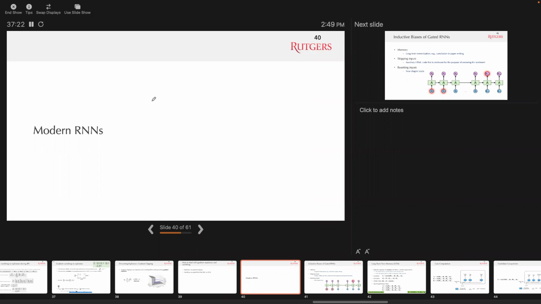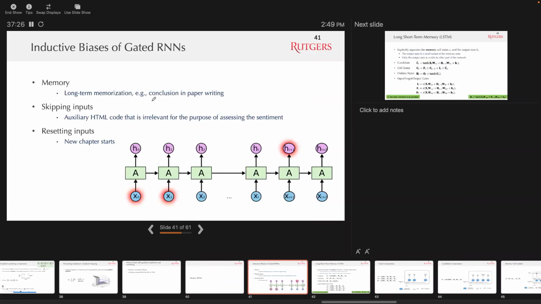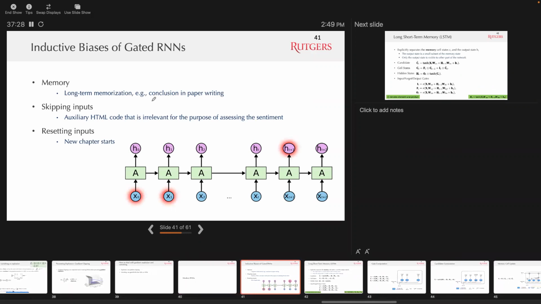Next, we're going to describe some very high-level advantages of modern RNNs. Specifically, we refer to gated RNNs, which are RNNs with some gates. We'll talk about what gates mean later.